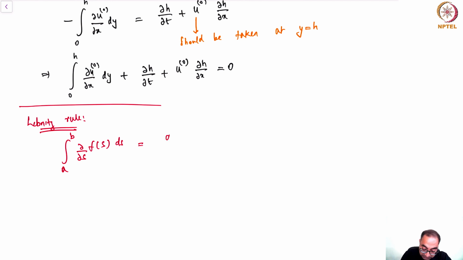This essentially becomes d by dt, the total derivative, of the integral from a to b of f of s ds.